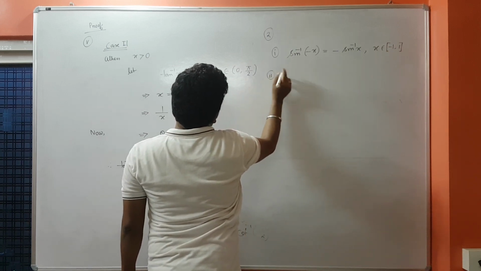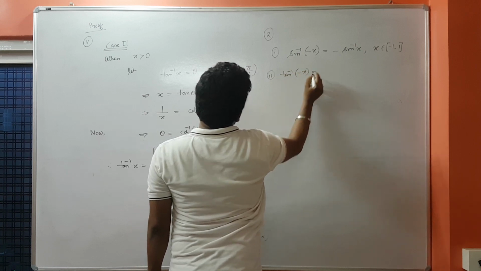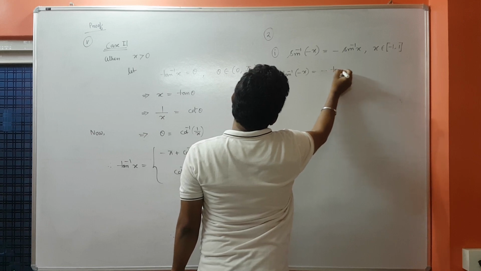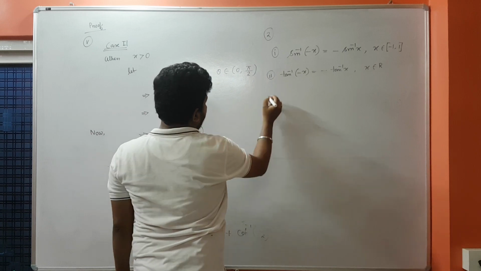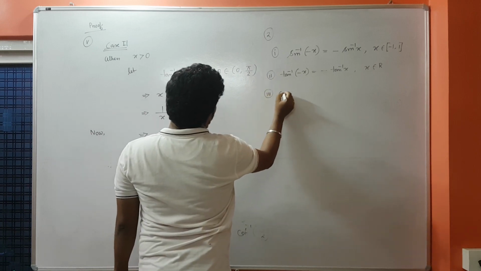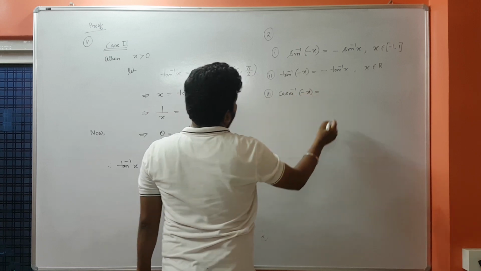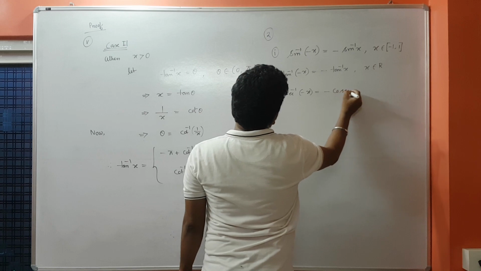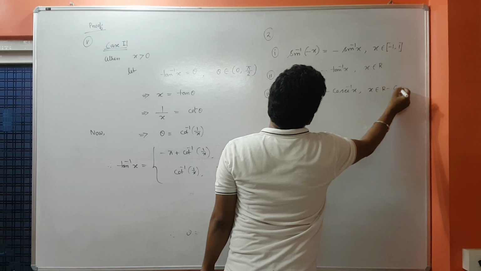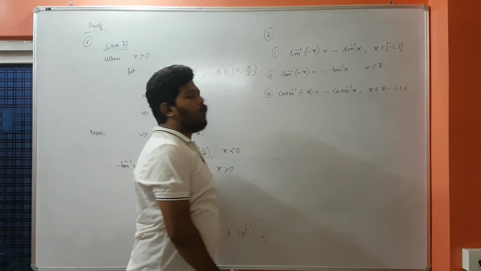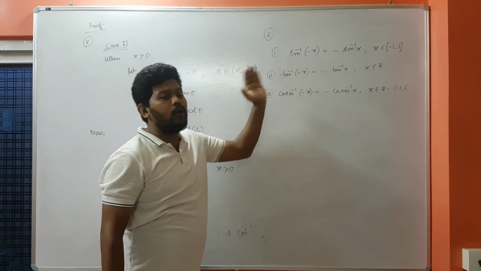Number 2, tan inverse of minus x is equal to minus of tan inverse of x, where x belongs to real numbers, the domain of tan inverse of x. Number 3, cosec inverse of minus x is equal to minus of cosec inverse of x, where x belongs to R minus (-1, +1), the domain of cosec inverse of x. Number 1, number 2, number 3 have similar formulae.